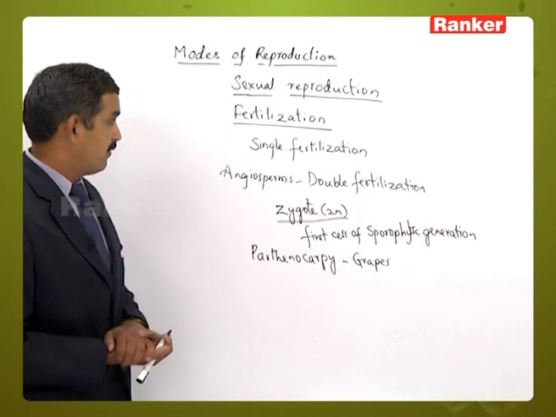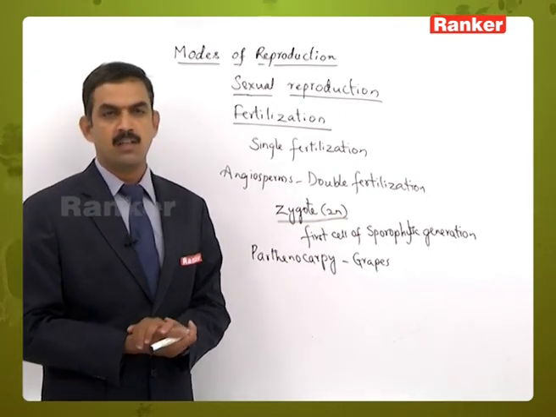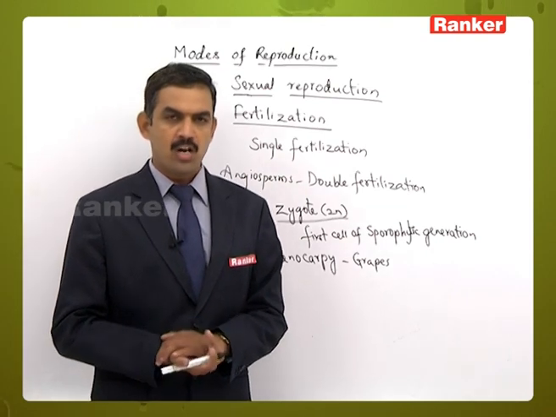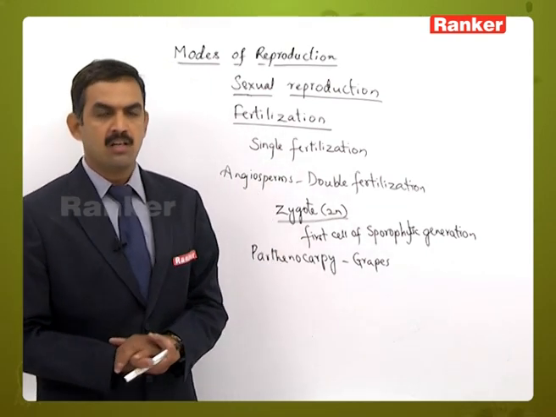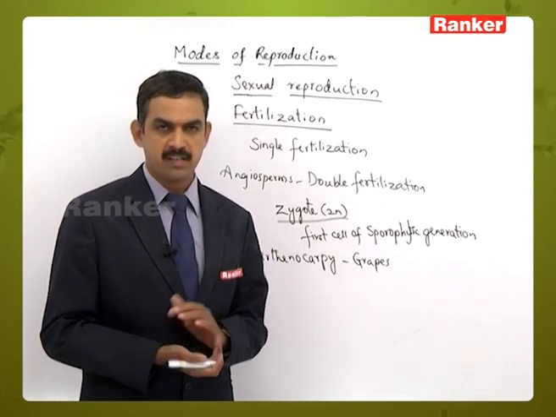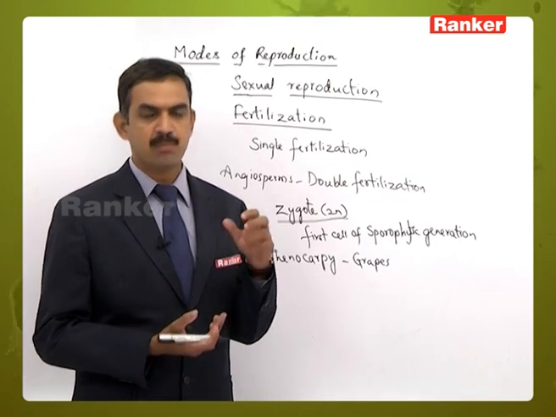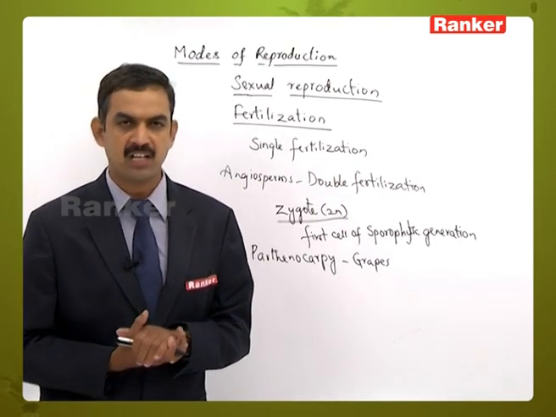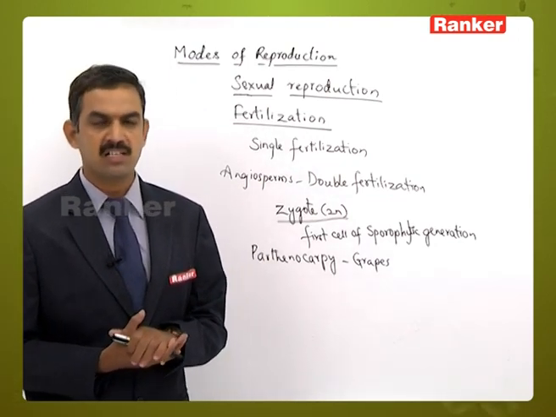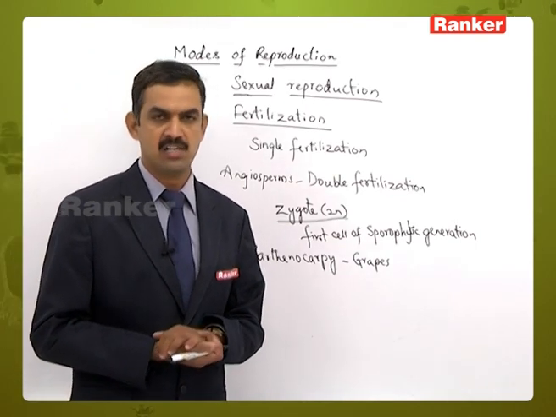And where does fertilization take place in a living organism? Taking from lower organisms to the higher organisms, there are two places where fertilization takes place. One is fertilization that occurs inside the plant body, called internal fertilization, and fertilization that occurs outside the plant body is called external fertilization.